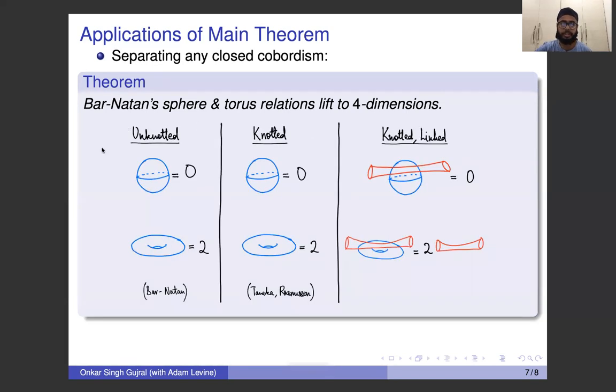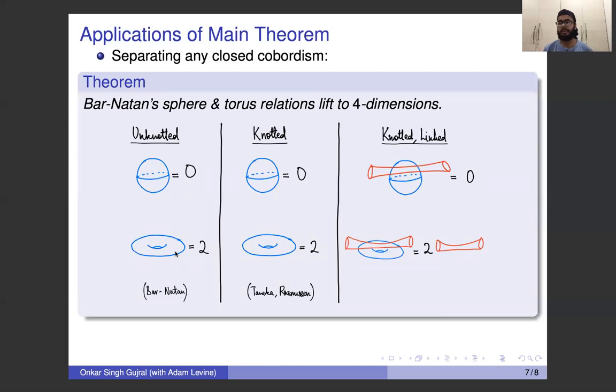On the left-hand side are the sphere and torus relations that were introduced by Bar-Natan. If you see a sphere in three space, that induces a zero map, and if you have a torus in three space, that induces multiplication by 2. What we mean by this is that the sphere and torus are forced to be unknotted.